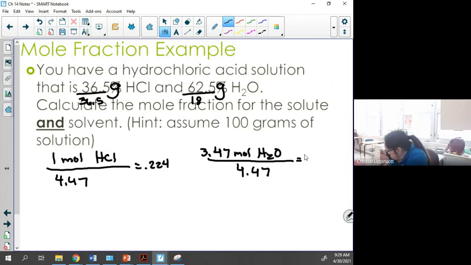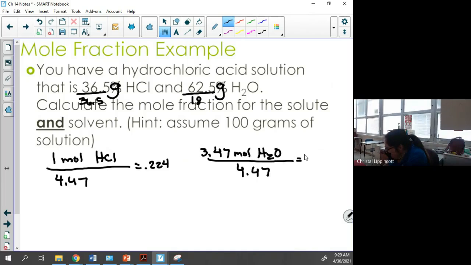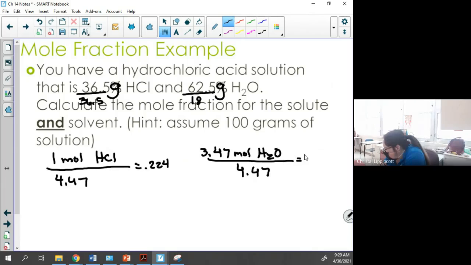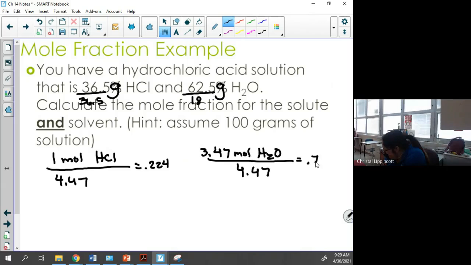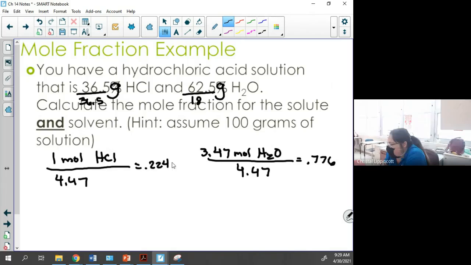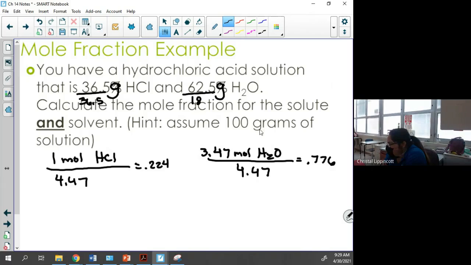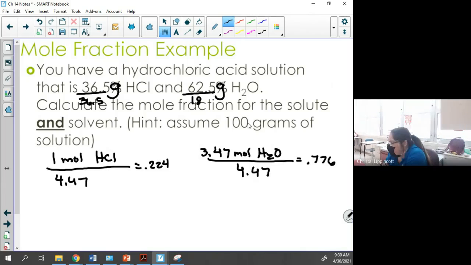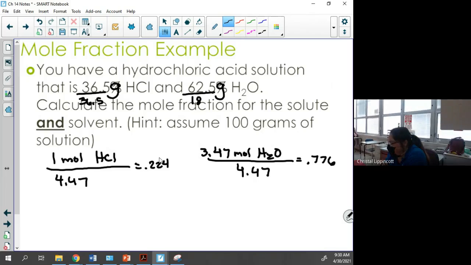And this guy, and there's no units on this, ends up being 0.776. These things should add up to be what? They should add up to be 1. All your mole fractions, all the fractions should add up to be 1.